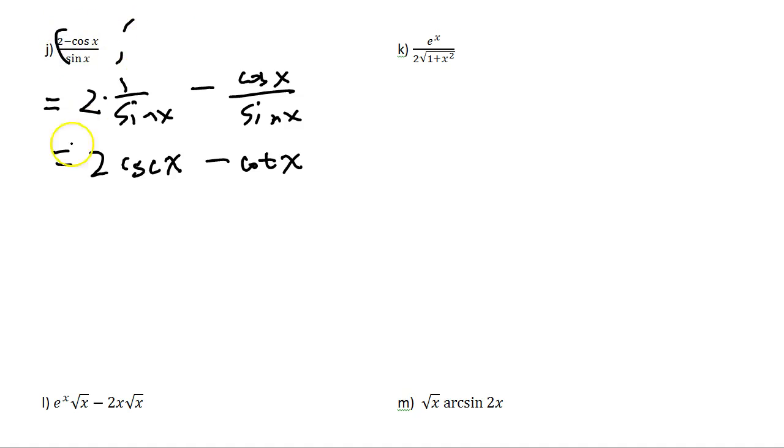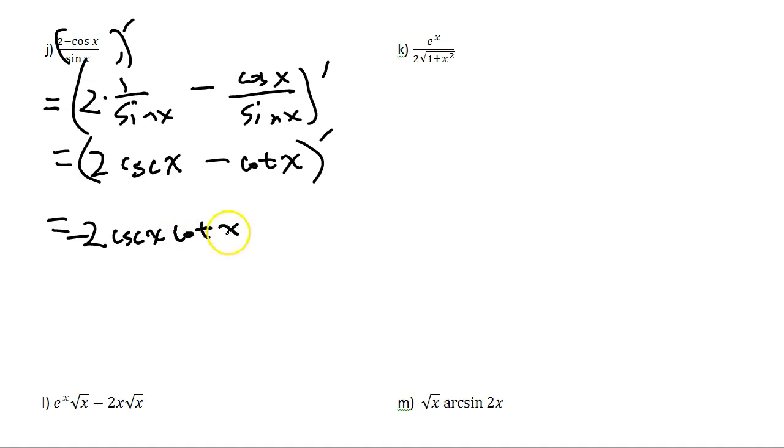Therefore, if you differentiate this, that's just differentiating cosecant and cotangent. So it's negative 2 times cosecant of x cotangent of x, that's the derivative of the cosecant x. And the derivative of the cotangent is negative cosecant squared x. So you're going to get positive cosecant squared of x.